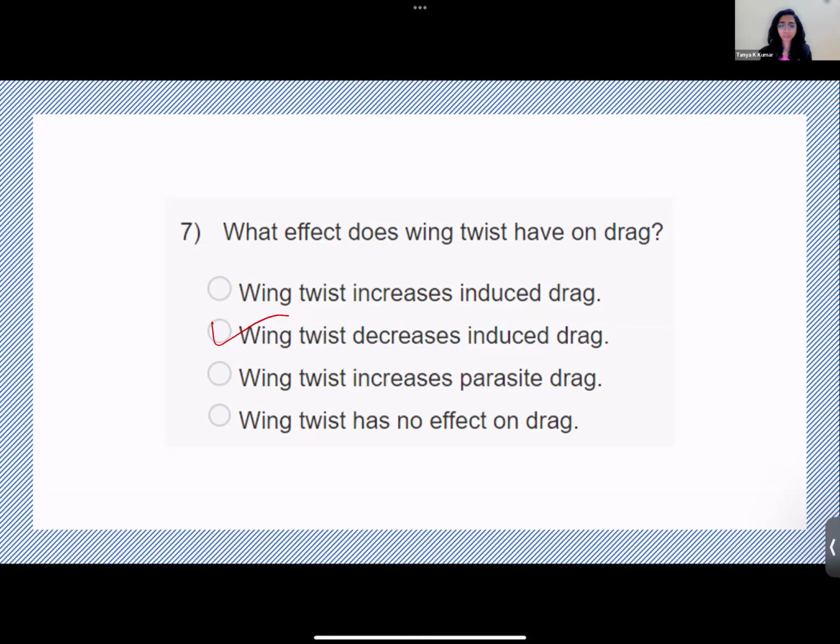Why low vortices? Because again, the interaction between the upper and the lower surface of the wing is more gradual in the case of a wing twist. Right? It builds up a profile. So it is more gradual. So that is why the wingtip vortices are lesser and hence the induced drag is reduced.